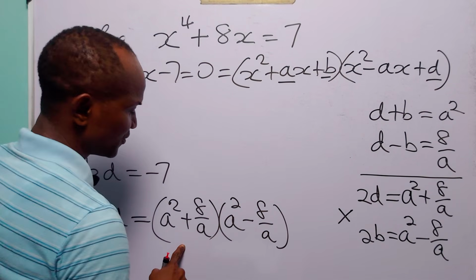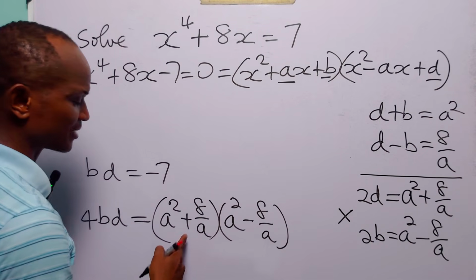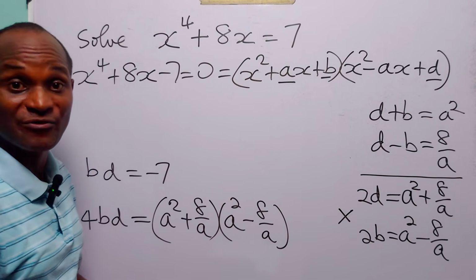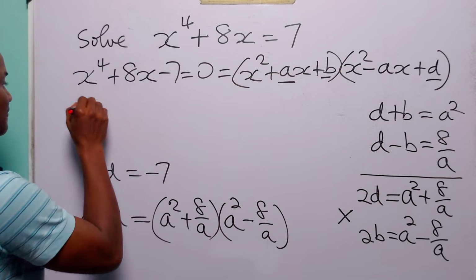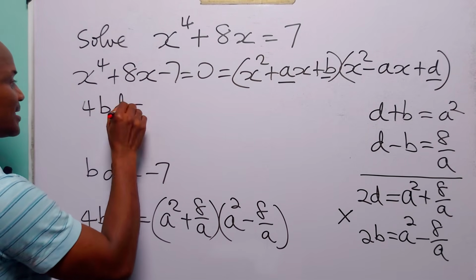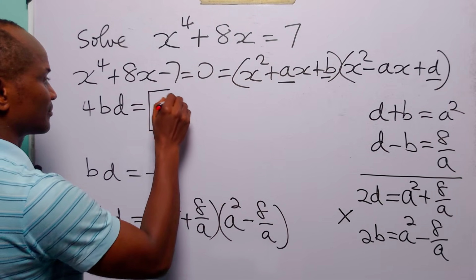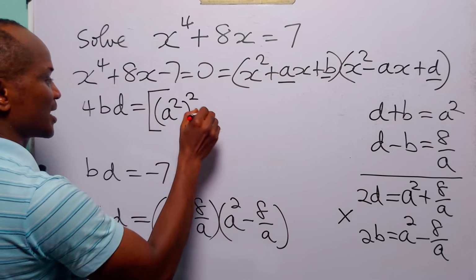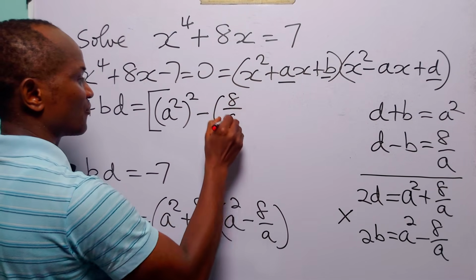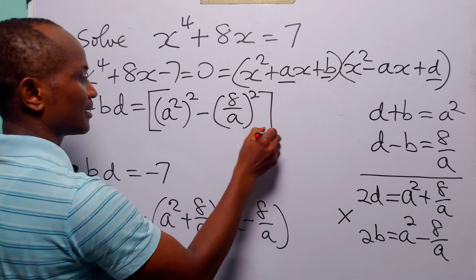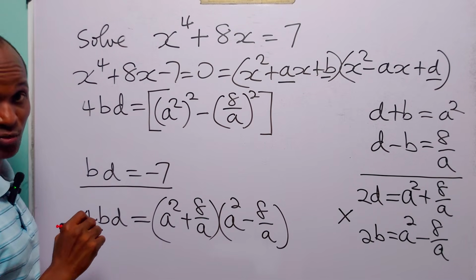Now, when you look at these two factors, you'll see that both of them are conjugates. That means that when we multiply them, we get the difference of two squares. So we have that 4bd is equal to a squared squared minus 8 over a squared.